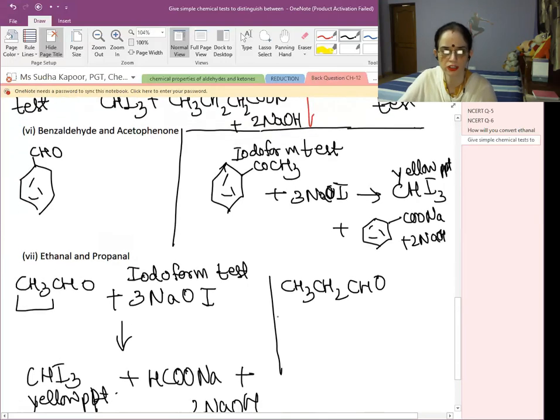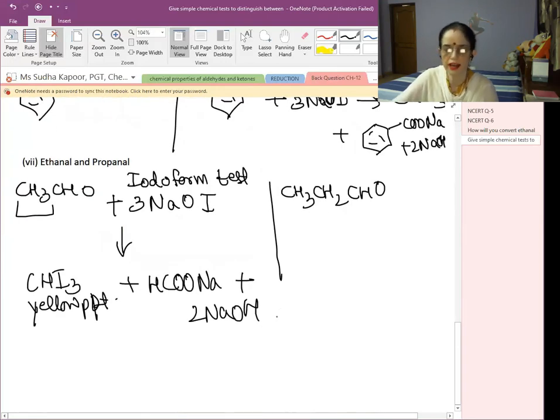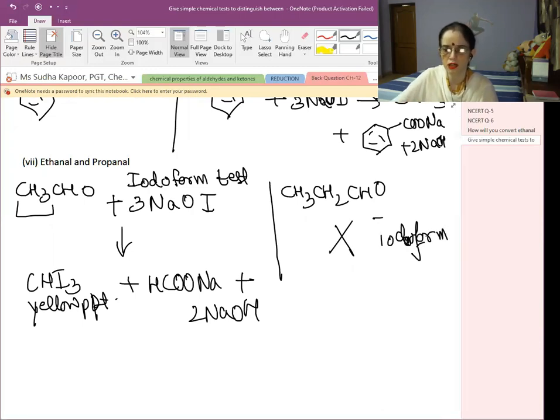So this is a very important distinguishing question in our book, and a very compulsory part of our syllabus. So this test would not be given by the propanol. The iodoform test not given by propanol. So try repeating all these questions time to time and getting a fast grip on these part. Okay, till then, revise the question, stay fit, stay healthy.